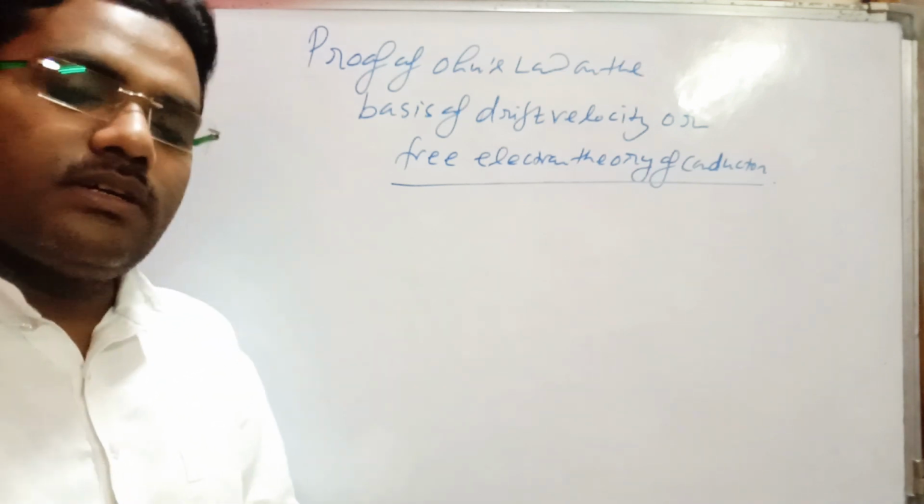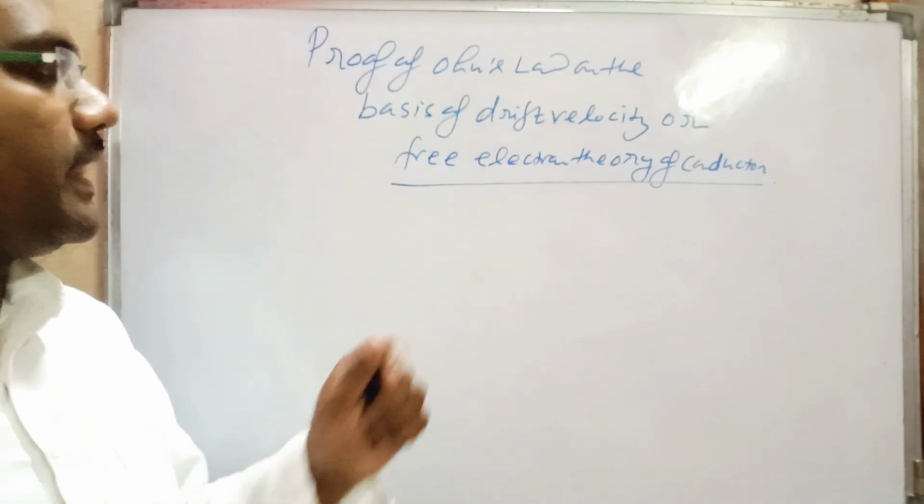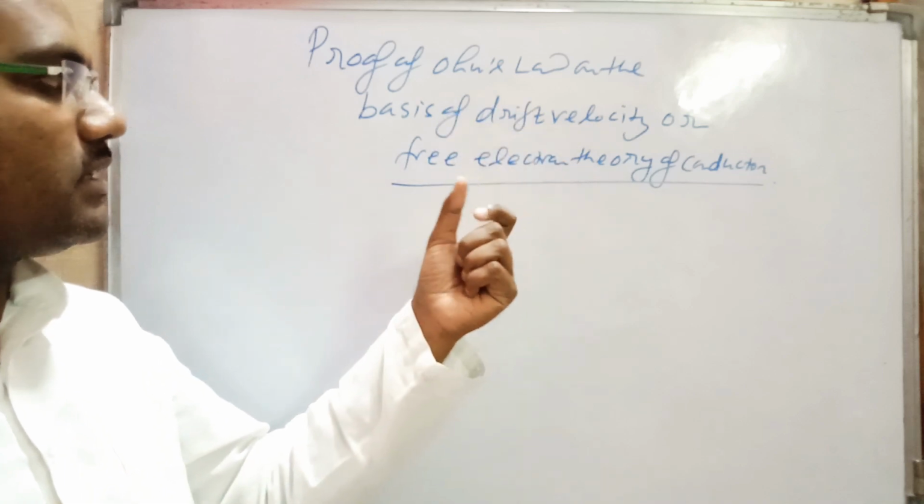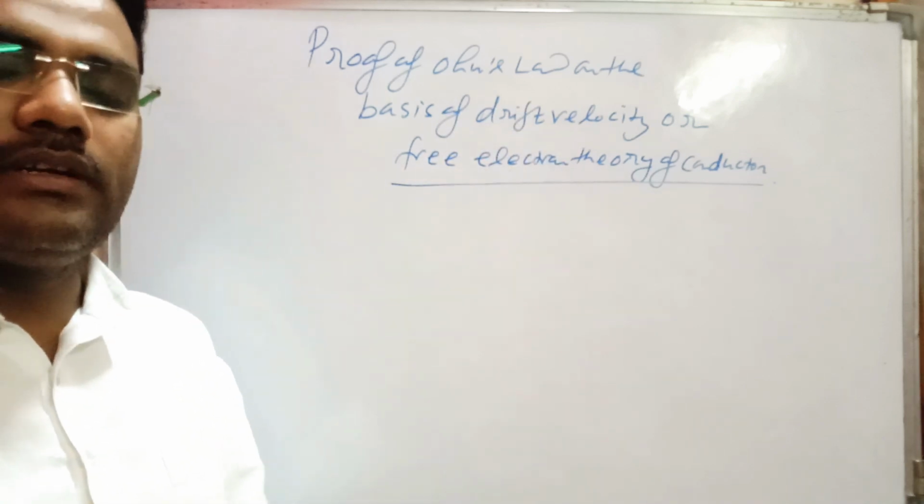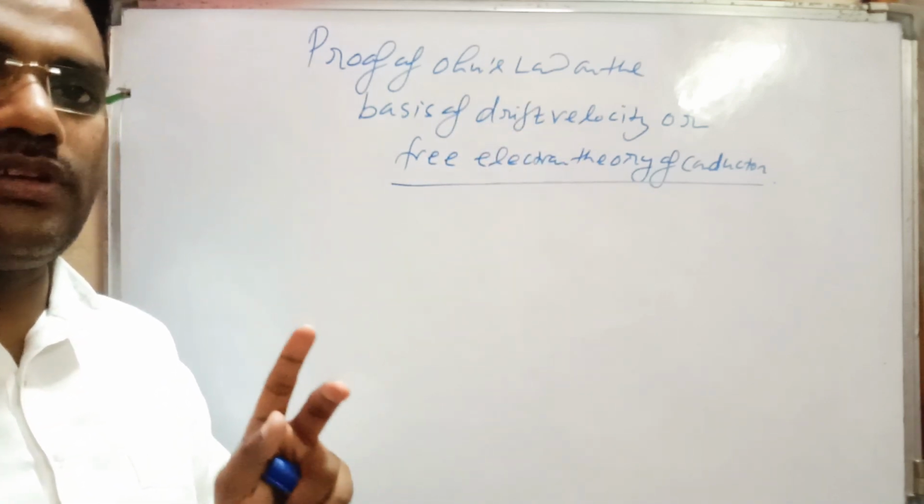To prove Ohm's law on the basis of drift velocity or free electron theory of conductor, here we take two expressions.